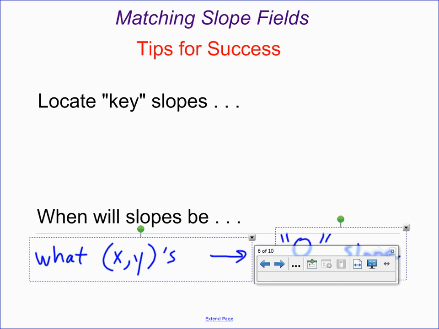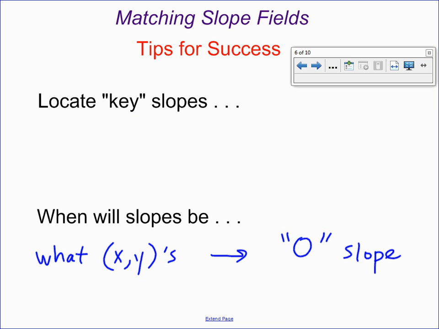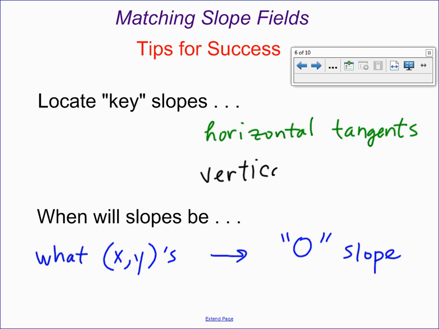I'm not sure which particular one I put on your note sheet, but I'm thinking here, key slopes, like horizontal tangents versus vertical tangents. When will the slopes be 0?